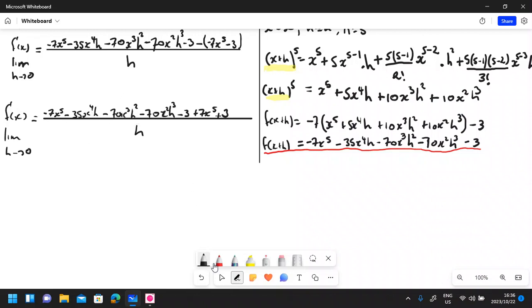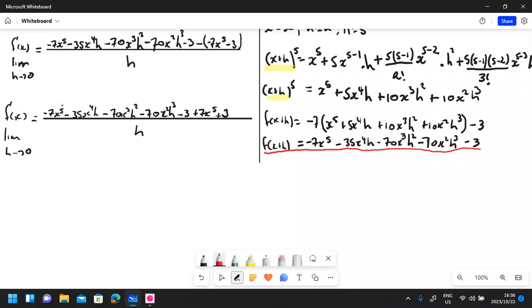But when it's like this, remember guys that you have like terms, and those like terms have to subtract each other, and those like terms that you have should not have h in them. Meaning that whatever like terms you have, there must be no h there. For example, let's look at the first term here. We have negative 7x to the power of 5.